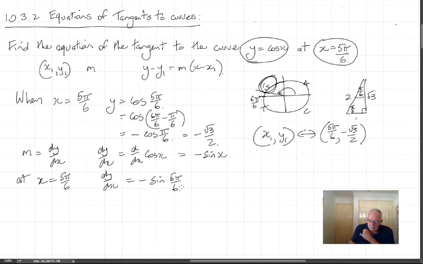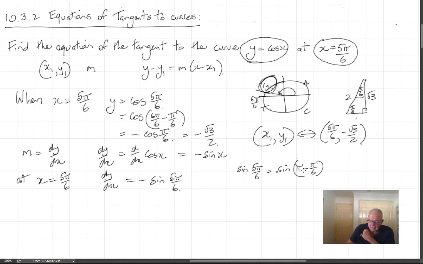Okay, we go back to our unit circle again. We want to find out what is minus the sine of 5π/6. If we go back to this, we know it's in this quadrant and sine is going to be positive, but don't forget about this negative. So let's work out what the sine of 5π/6 is, and then put the negative in front. The sine of 5π/6 is the sine of π minus π/6. That's 6π/6 minus π/6, which is 5π/6.